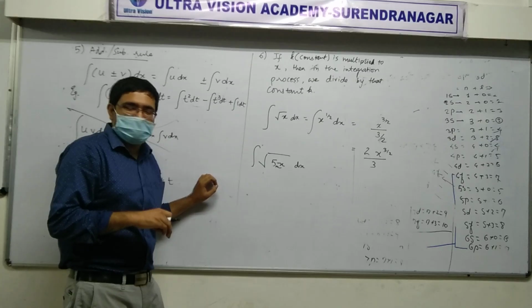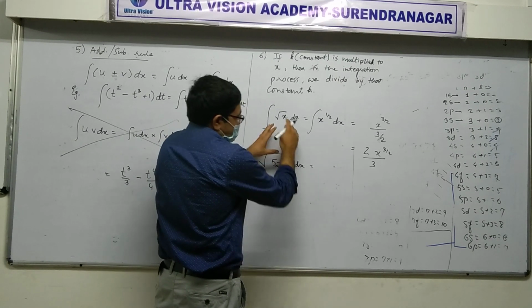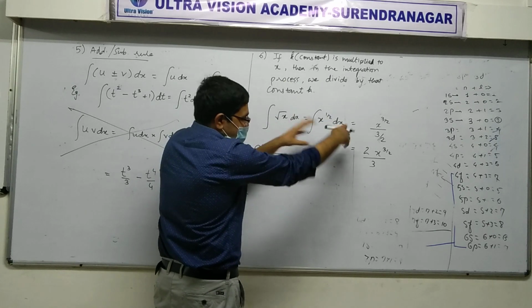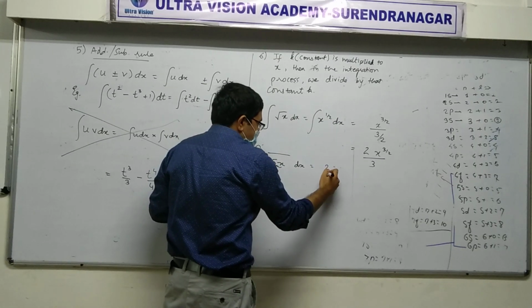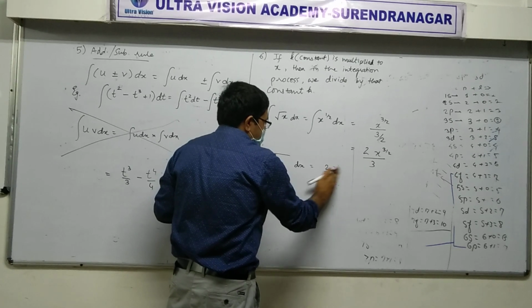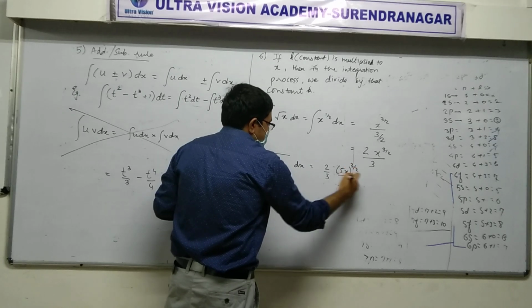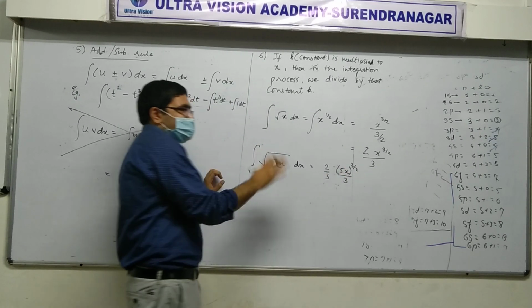Which constant? 5. So what you can do is, you can treat it just like x. So for example, root x, its integration gives you this. Similarly, root 5x, its integration will give you Have you understood this so far?